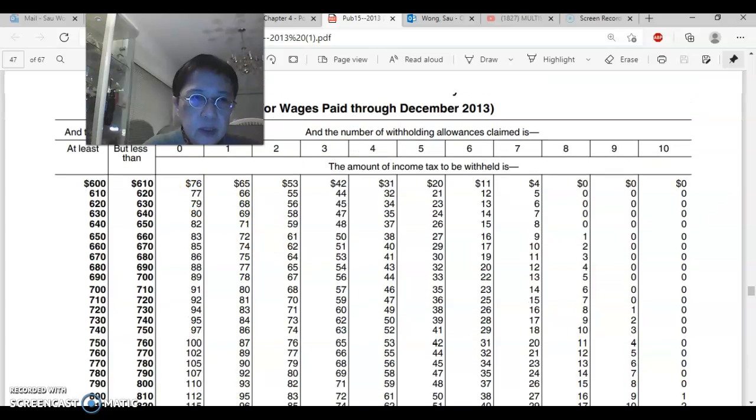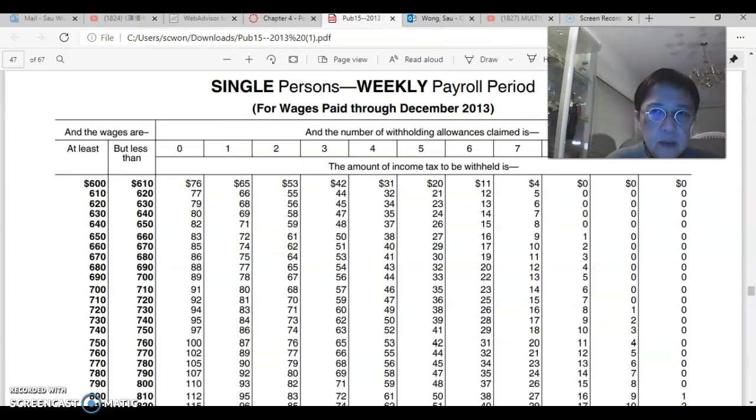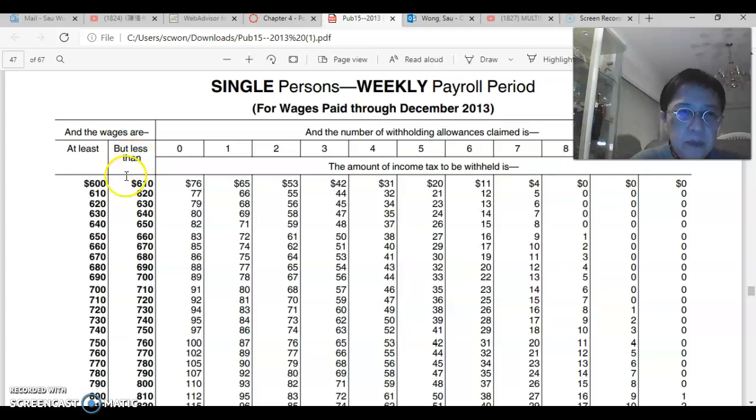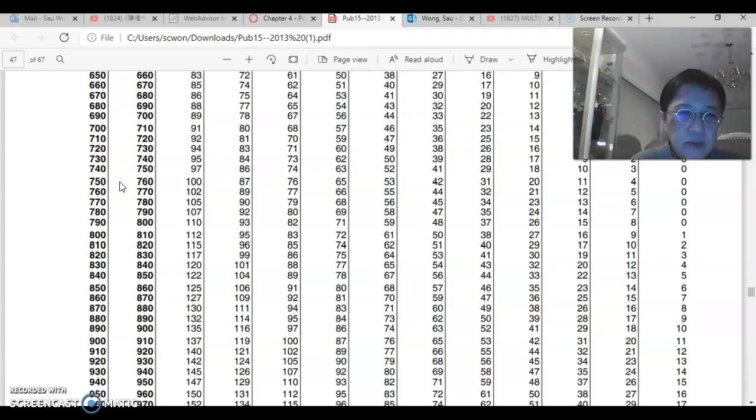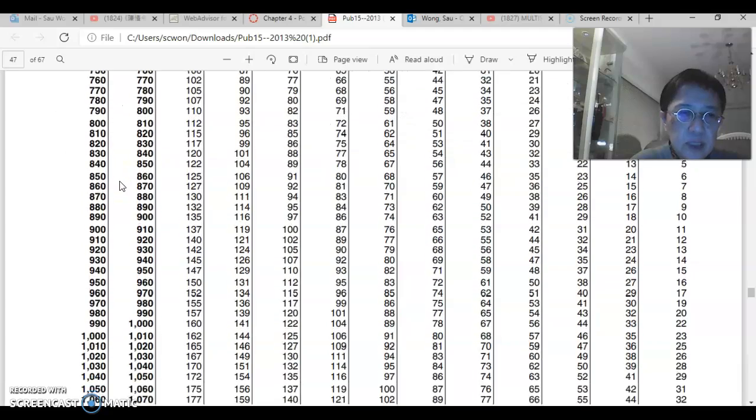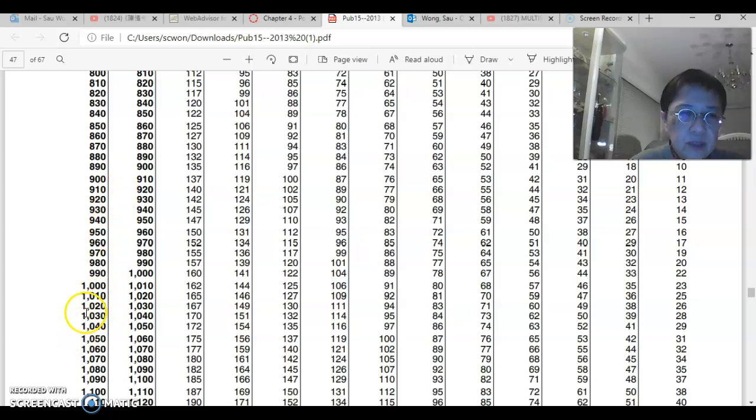So let's go to the numbers here, the columns "at least" and "but less than." Let's find 1,040. The first column is at least 1,040 but less than 1,050.